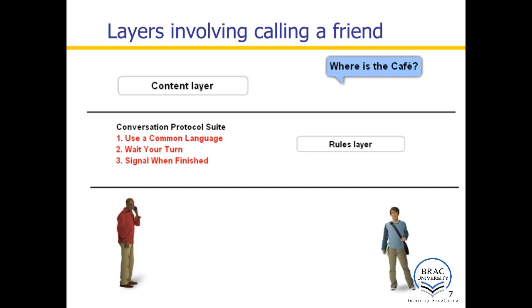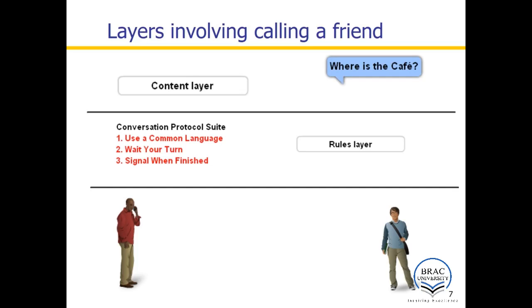For example, if this person is communicating using Chinese, and this person does not understand Chinese, he won't be able to understand what he is saying. Therefore, we need to use a common language, and this can be considered as a rule.